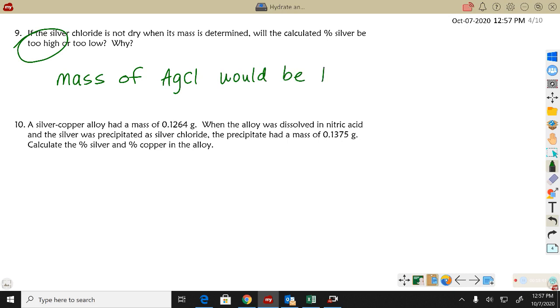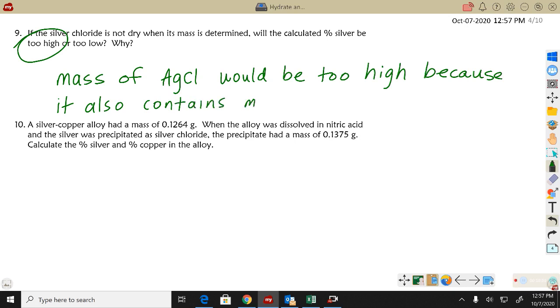That mass would be too high because it also contains mass of excess water.